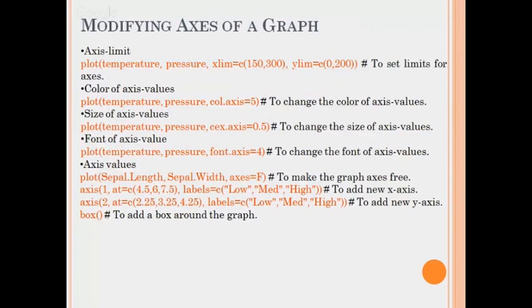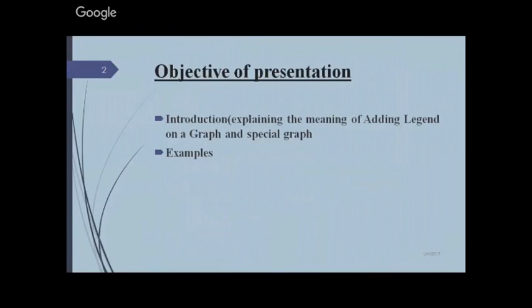Similarly, we have modified the x limits and y limits, followed by the color of axis values, size of axis values, and font of axis values, for labeling the x or y axis. So this is all we have done in this section regarding modifying the axes of a graph. So dear participants, till now we have seen that when we are handling a simple graph, we can certainly modify its properties.